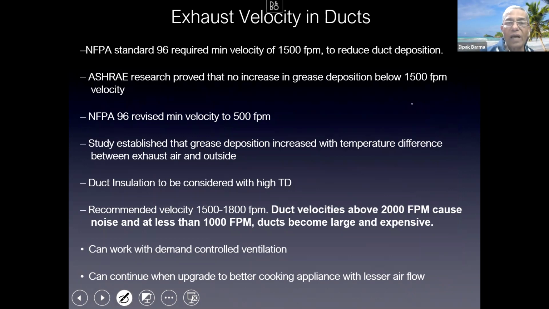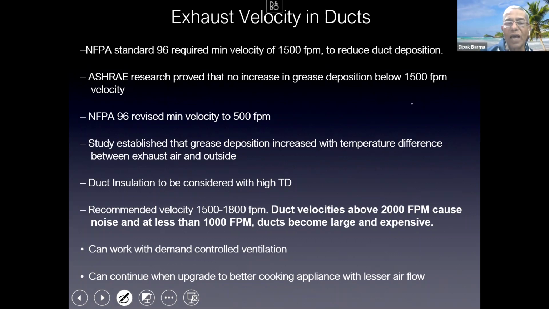Now, as far as the NFPA standard is concerned, the National Fire Protection Association standard 96 has specified very clearly a minimum velocity of 1500 feet per minute to reduce duct deposition of grease. So for carryover of the grease along with the exhaust air, they have recommended that you must have a velocity higher than 1500 feet per minute. ASHRAE research, however, has proved that no increase in grease deposition below 1500 FPM velocity is noticed.